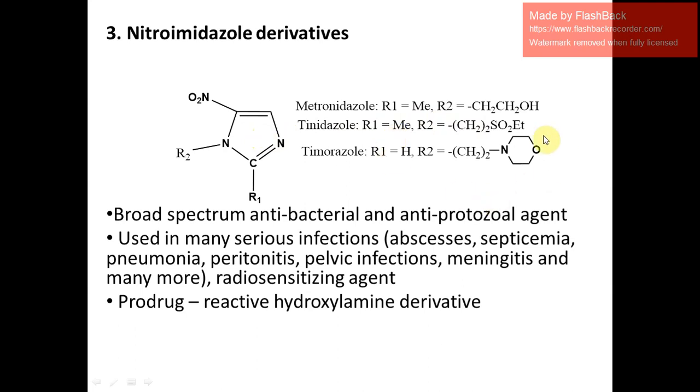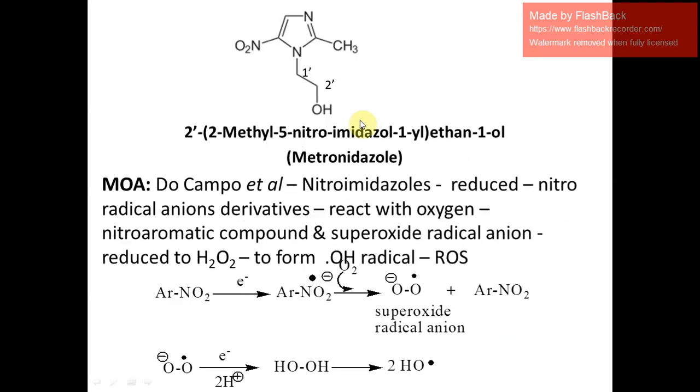In timorazole, you can see the R2 group has a heterocyclic ring which is called morpholine. So it's a morpholino analog at the R2 substitution, and all three have an extremely good spectrum of antibacterial activity. These are actually prodrugs. They are converted into a reactive hydroxylamine derivative, which we'll see in the forthcoming slide.